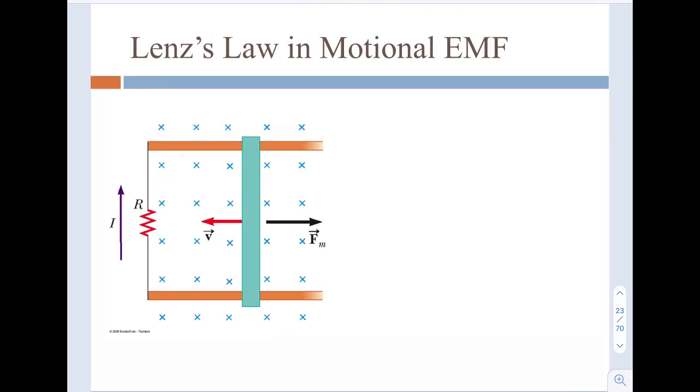The decrement of the area will cause the decrement in flux as well, because flux is equivalent to BA cos theta. Cos theta here is the angle between the normal line of the A and the B. It could be 0 or 180 degrees, whether this becomes 1 or negative 1.